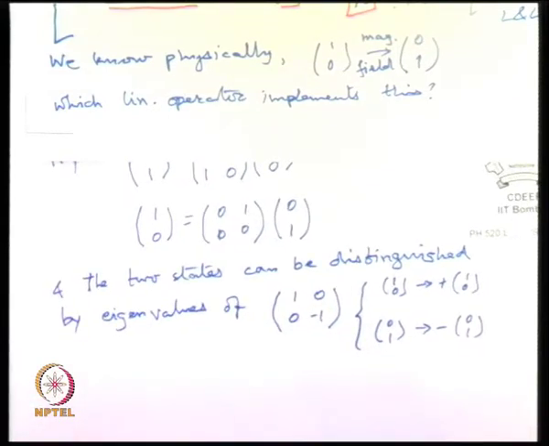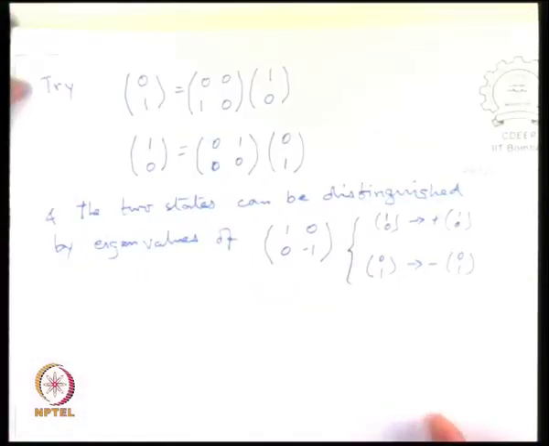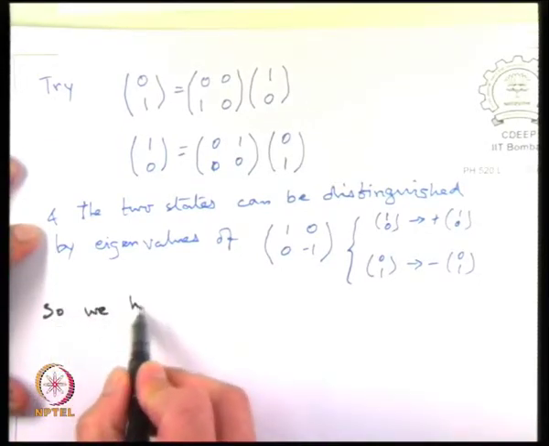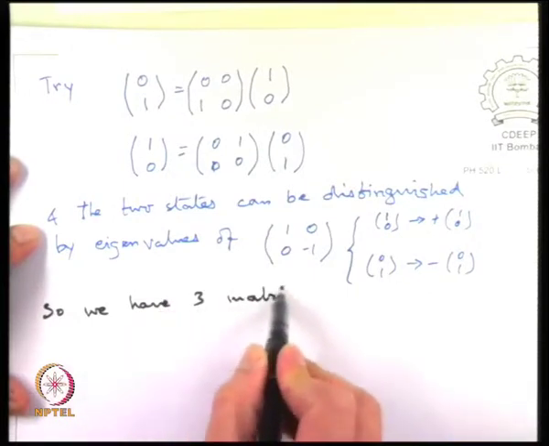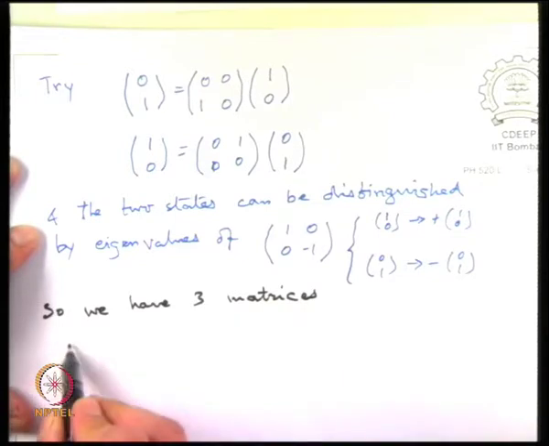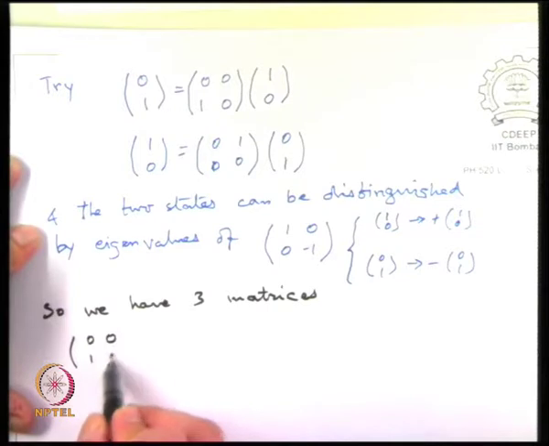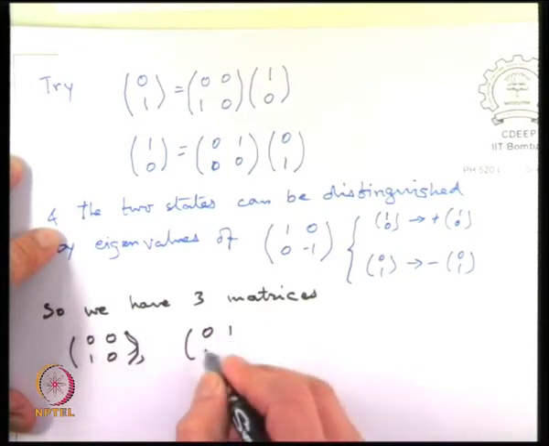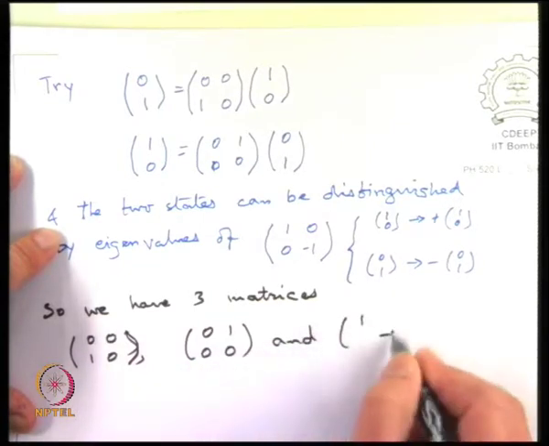So we have a fundamental set of 3 matrices: 0 1 0 0, 0 0 1 0, and 1 0 0 minus 1.